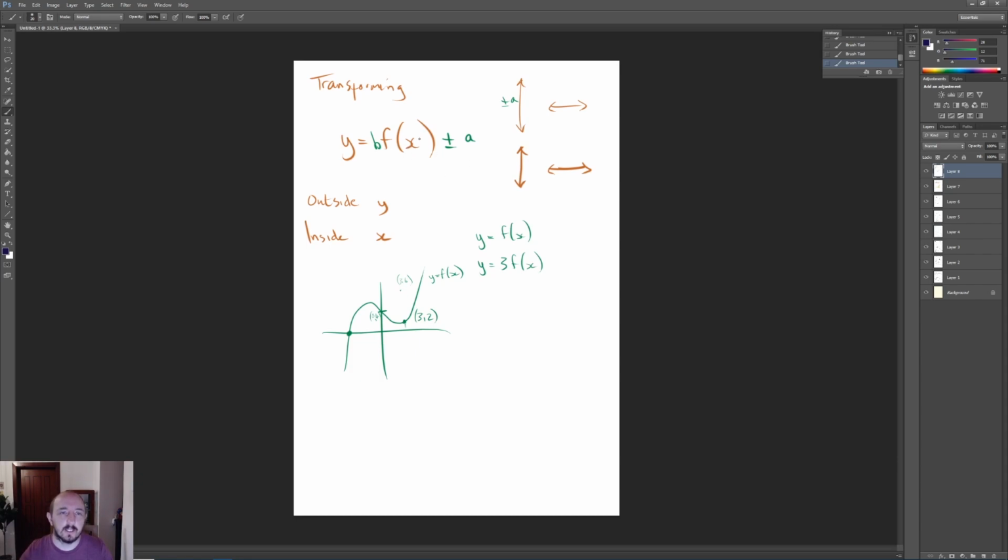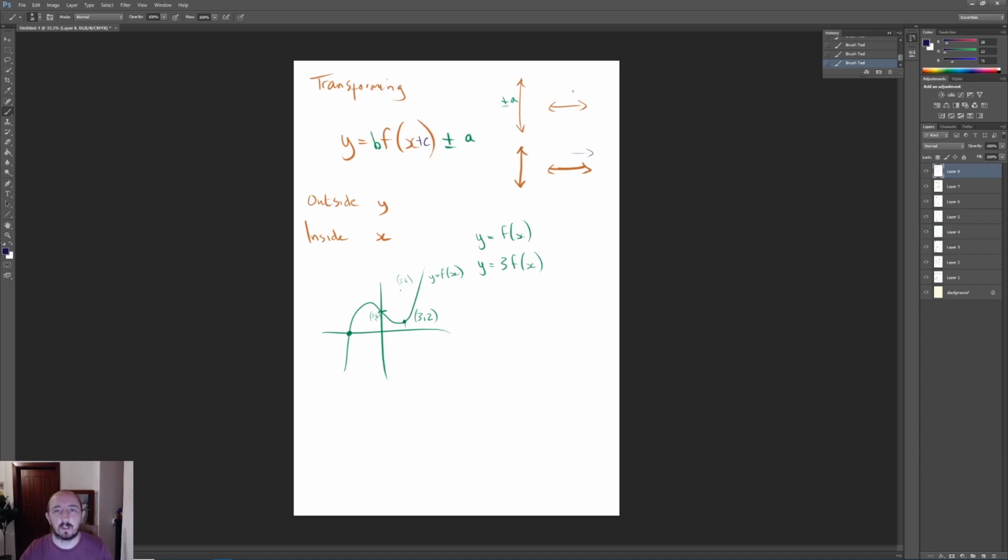Okay, so if we do plus c, like adding, outside of the bracket, it shifted it in the positive direction. Okay, but inside the brackets, it's going to shift it to the negative direction. Okay, the negative of that plus c. So you would think that plus c would shift it that way. Okay, but it doesn't.